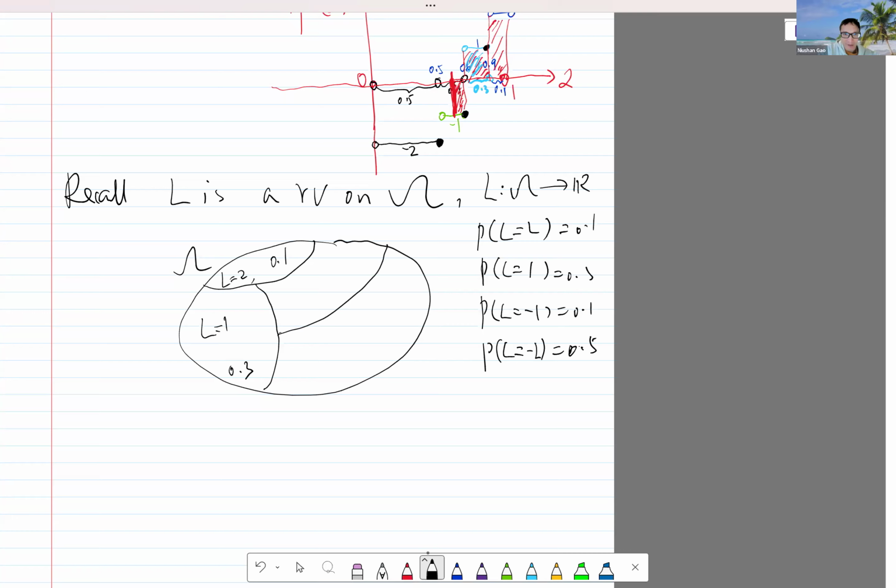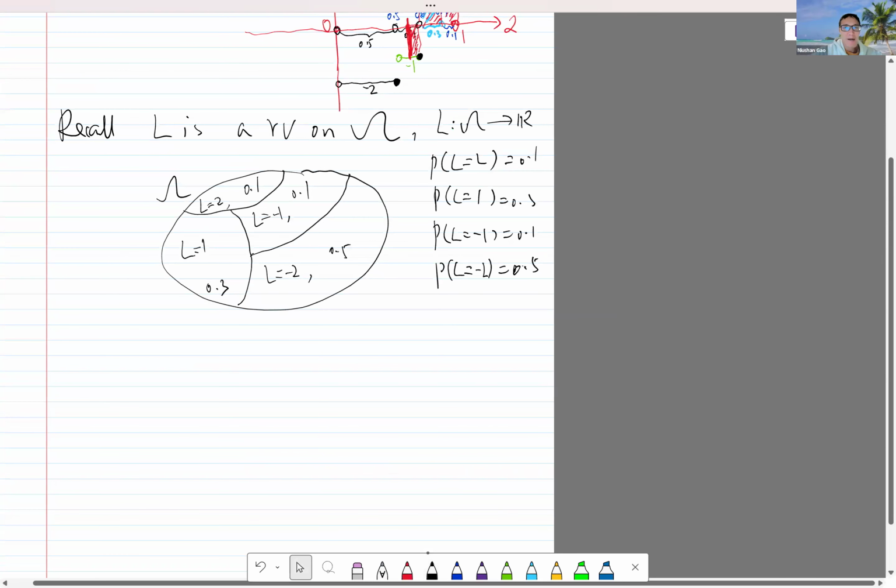On another part of omega, L takes value -1, and the probability is 0.1, right? On the remaining part, L takes value -2, and the probability of this part is 0.5. Pretty much this is how you define L, right? Do you agree with me?